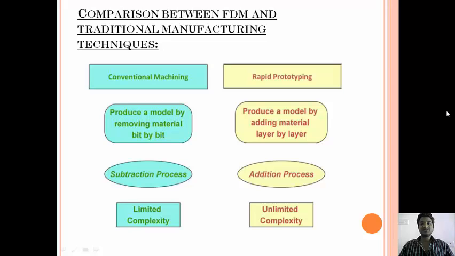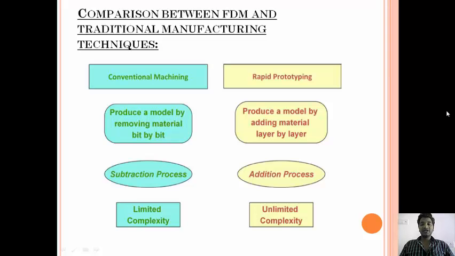As far as complexity is concerned, it is limited, as we cannot make intricate shapes in such processes, basically the conventional machining processes. Examples of conventional machining processes: CNC machining, rapid prototyping.